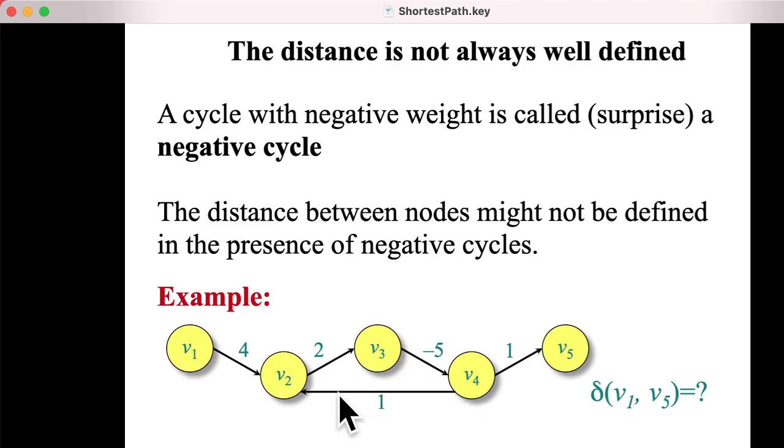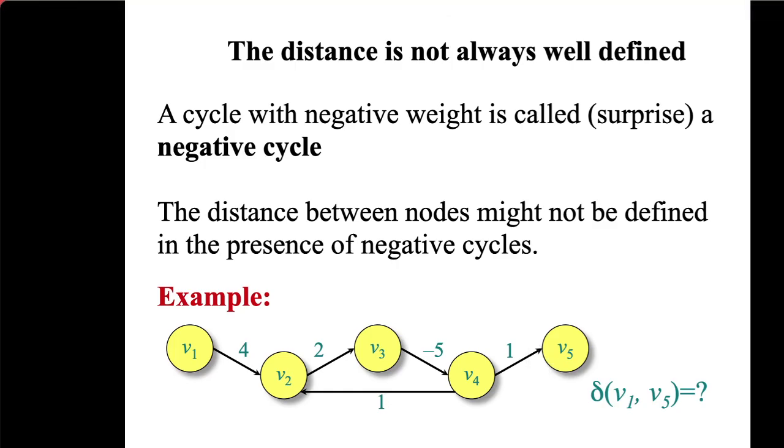And if I walk once again around this cycle, I'll earn even more. And if I go around the cycle once again, I'll earn even more. And so I can push it all the way down to minus infinity. Meaning the question of what is the minimum weight path from V1 to V5 in this graph just doesn't have any meaningful answer.